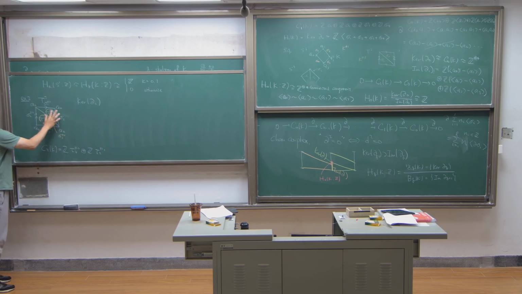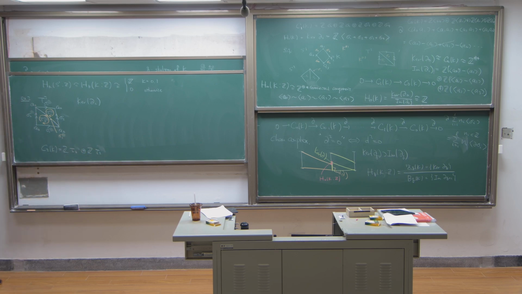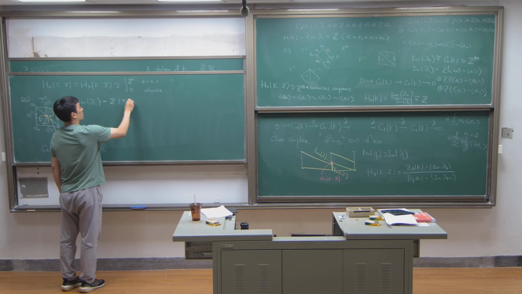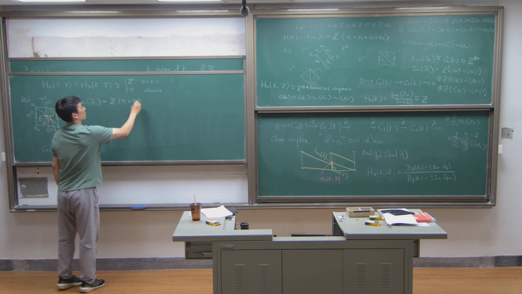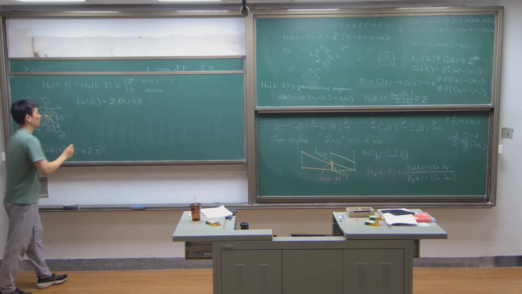Let's remove now 1 and 2, it's redundant. What is the kernel of the boundary 2? Let's look at the example.